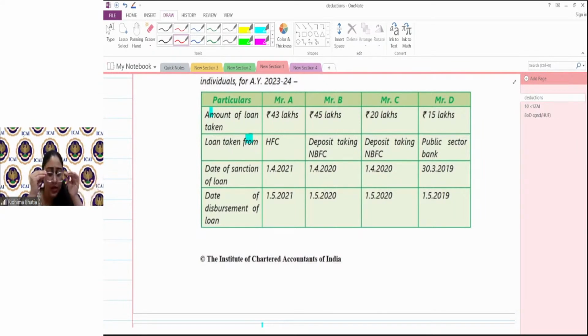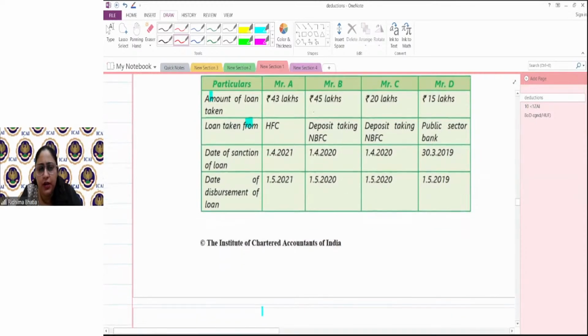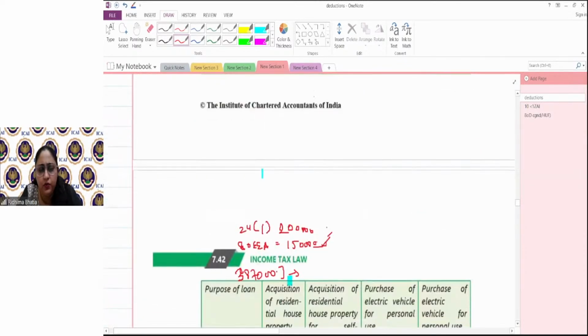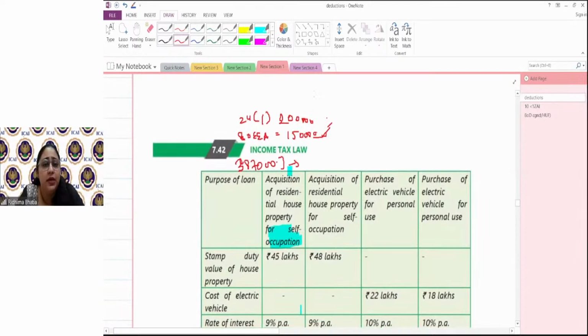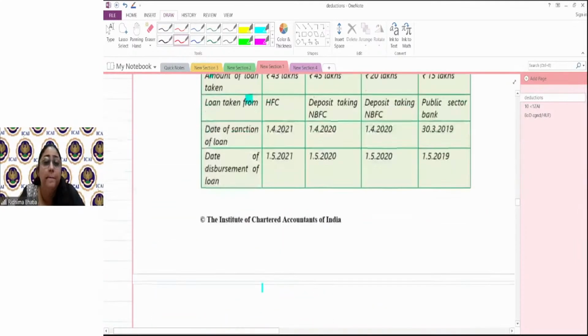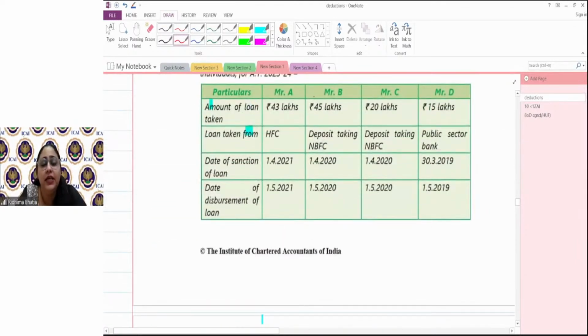something got stuck in the eyes. Okay, who has taken a loan of 45 lakhs from an NBFC. Okay, and loan is within the sanction time limit of 19-22, which is fine, but stamp duty value is 48 lakhs. What do we do? Will we give 80EEA? No, we won't give. But 24B will be available guys. 80EEA, why is it not there?